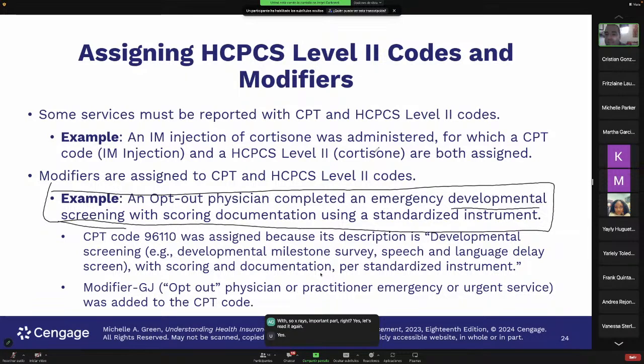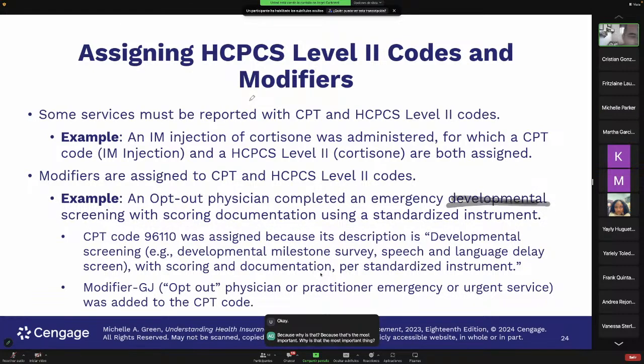Physician completed an emergency defibrillation. Physician completed an emergency tracheostomy. You see? And why is that the most important thing? Because that will be the CPT.